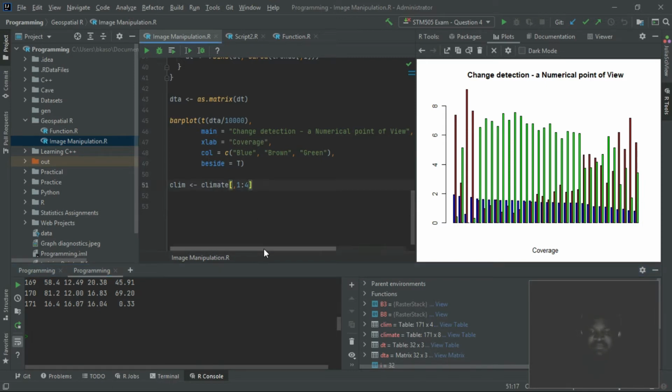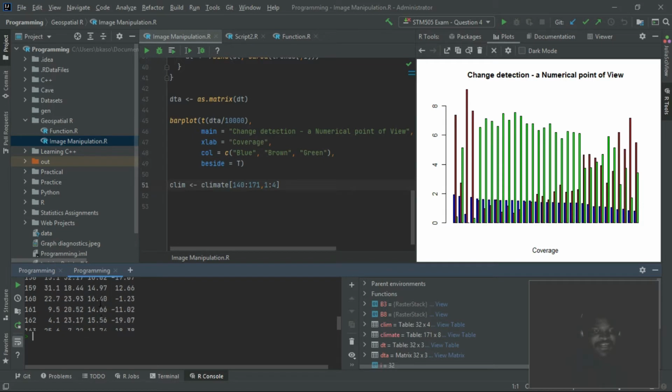If I say 171 minus 32, so I need to start taking from 140 to 171. I just want to try to see what will happen. I've never done this before. Let's say clim. Let's see if it worked. It worked. So it took the last 32 points and then it took the 4 columns that I needed.